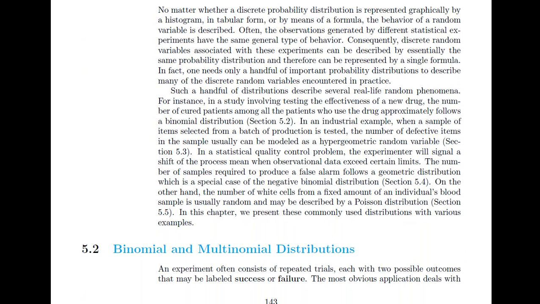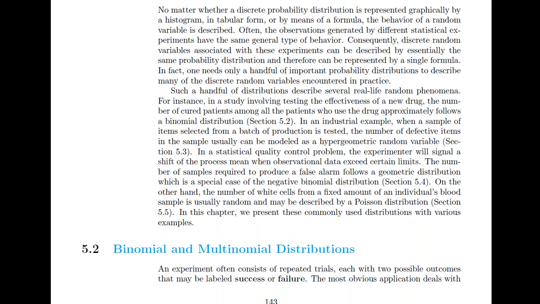Often, the observations generated by different statistical experiments have the same general type of behavior. Discrete random variables associated with these experiments can be described by essentially the same probability distribution and therefore can be represented by a single formula.